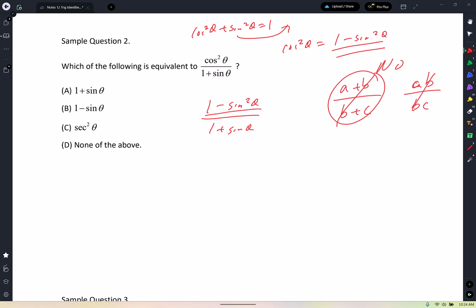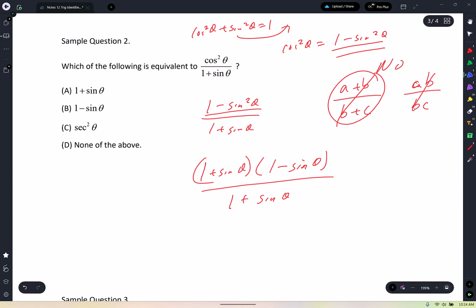All right, what do I do next then? Well, 1 minus sine squared is the difference of squares. So I can rewrite the 1 minus sine squared as 1 plus sine theta times 1 minus sine theta. Hopefully you remember that from your algebra days. And now, look, check it out. Yes, now you can cancel because these are multiplying by each other, guys.